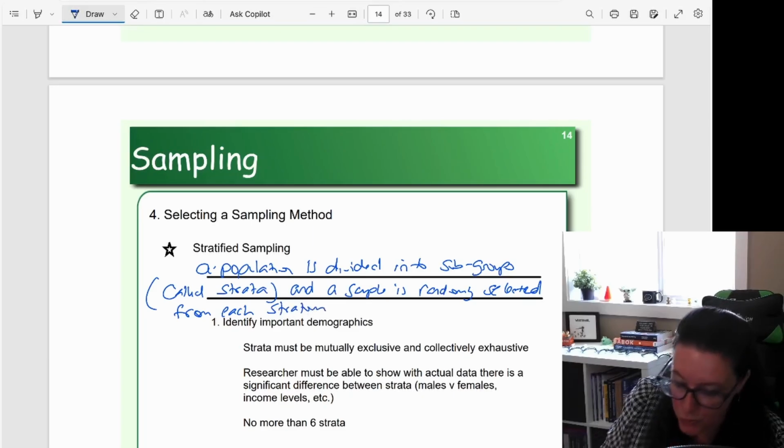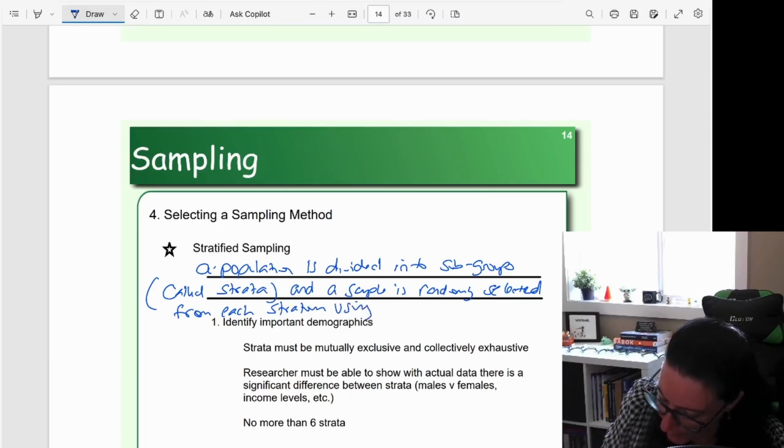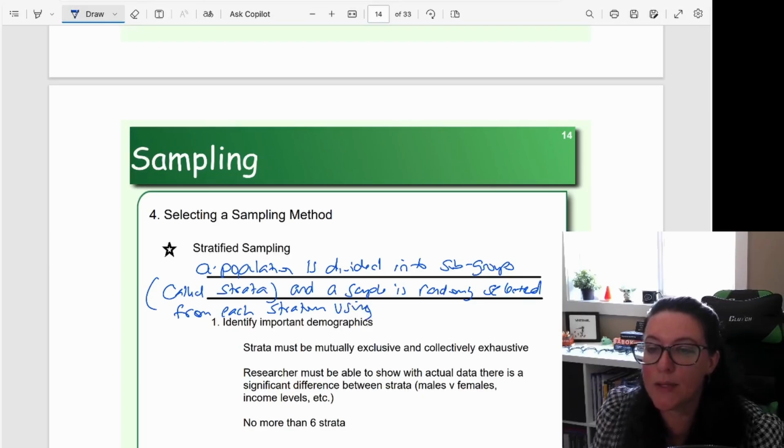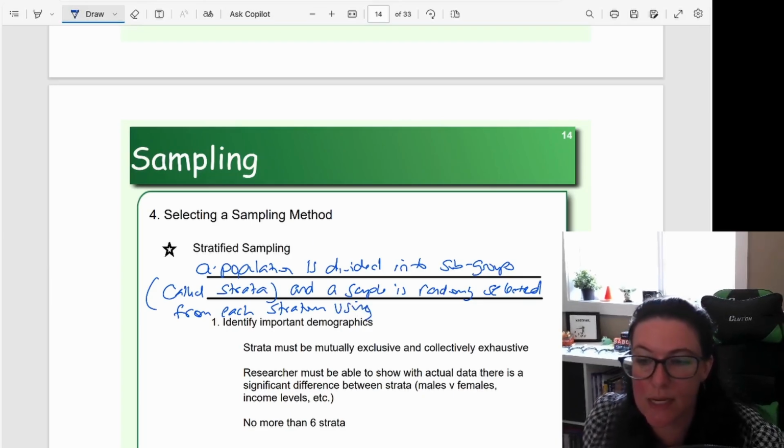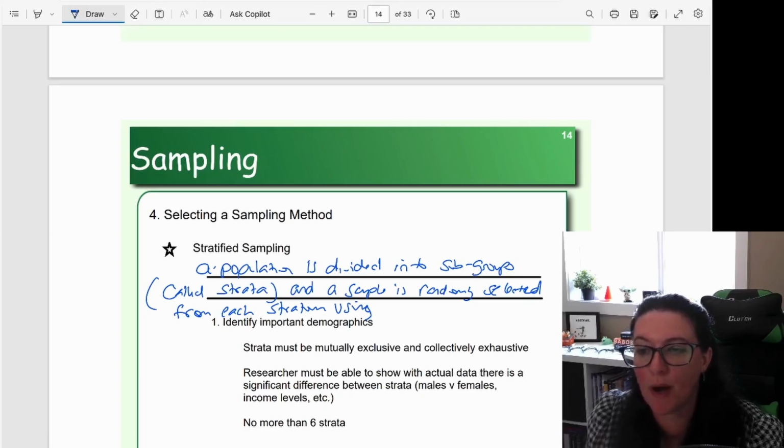This is a way to make sure that your sample has representation of important characteristics and demographics of your population.